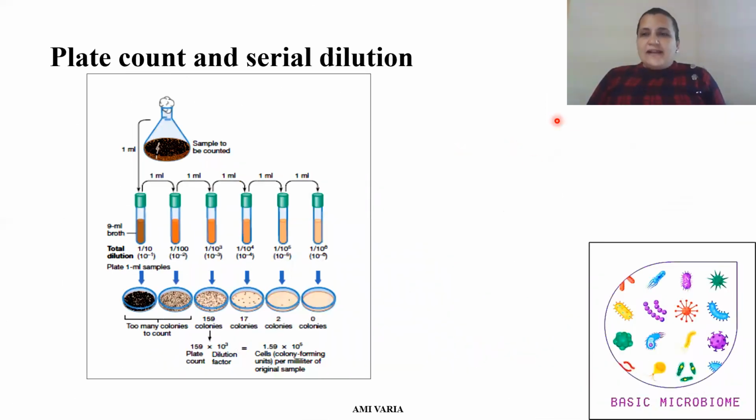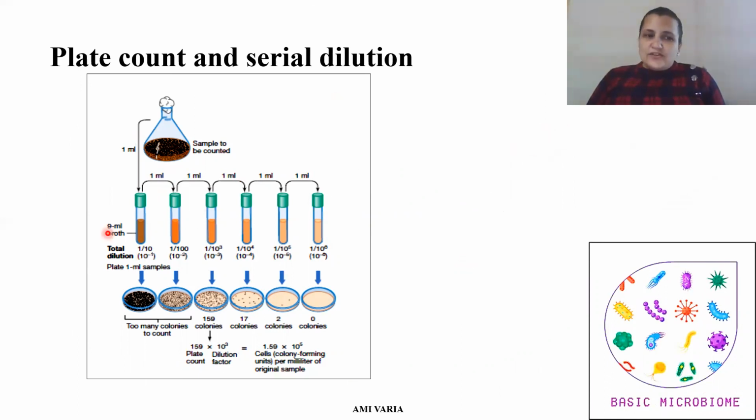The plate count and serial dilution method is described in this figure. First of all, the sample is diluted into a series of different dilution tubes. This is the master culture that is diluted to 10 raised to minus 1, minus 2, up to the required dilution.